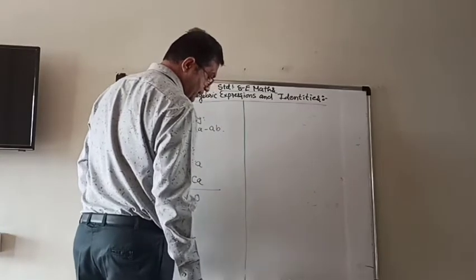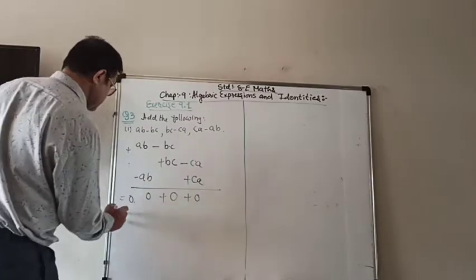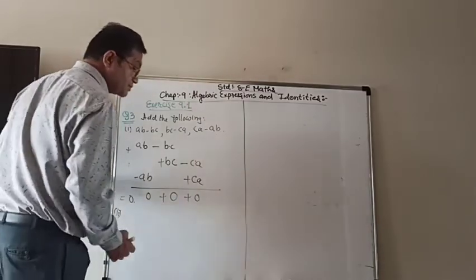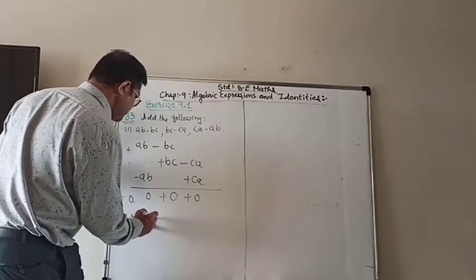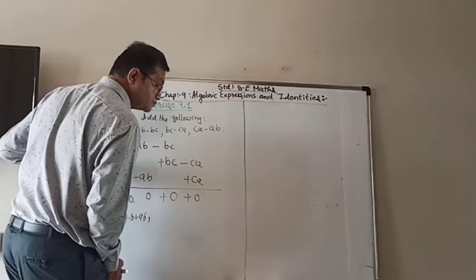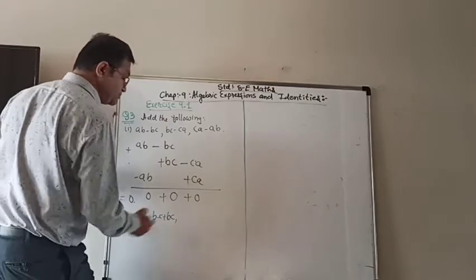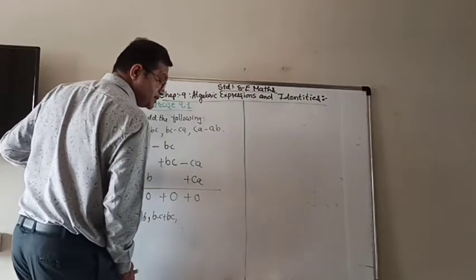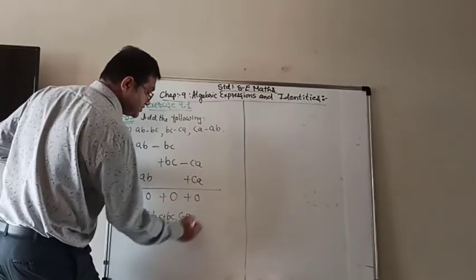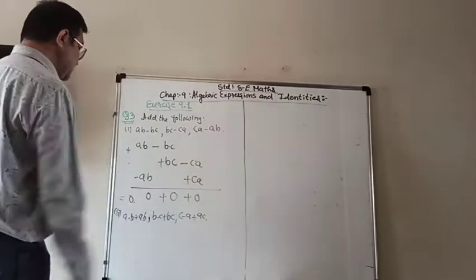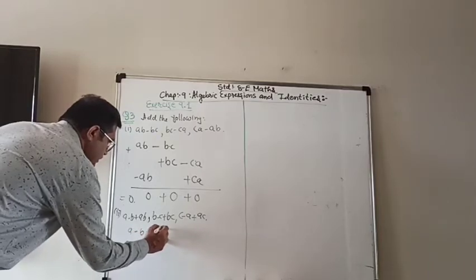Let's take another one. Second one: A minus B plus AB, comma, B minus C plus BC, and C minus A plus AC. So let's write down in the first one A minus B plus AB.